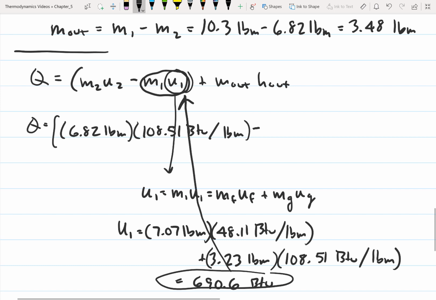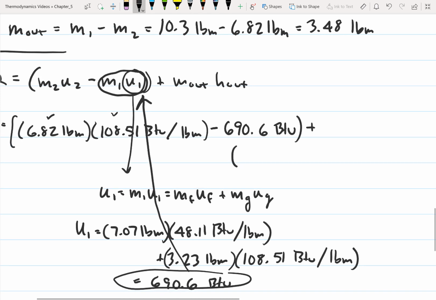So if I continue solving this, I had the 6.82, which is M2, multiplied by U2 minus U1, which is 690.6 BTU, plus M out, which is 3.48 pound mass multiplied by the enthalpy out, which is 117.2 BTU per pound mass.